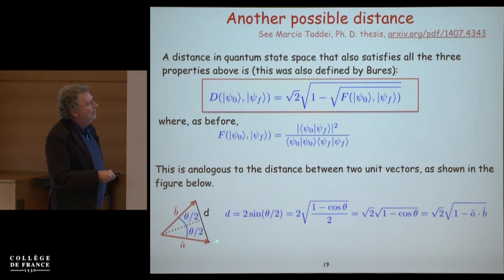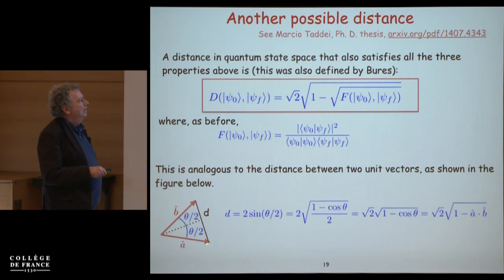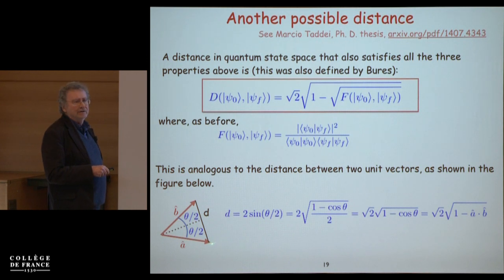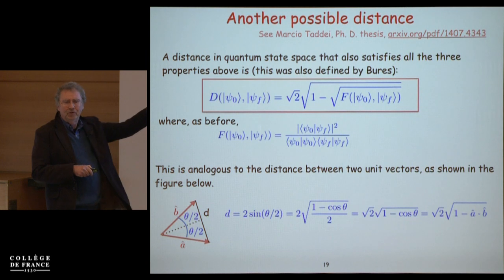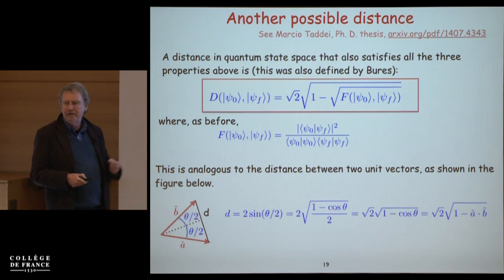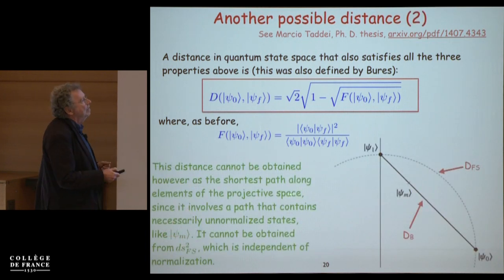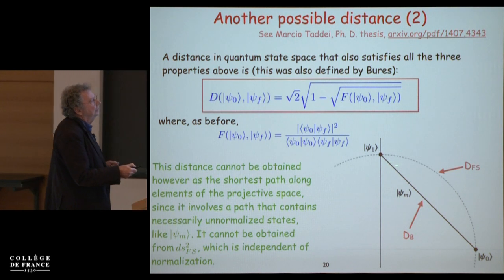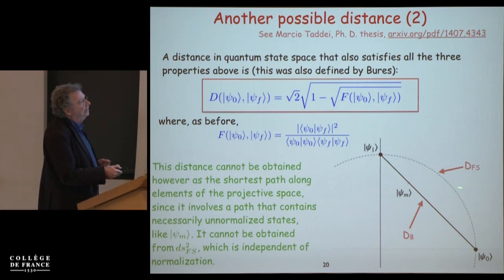But you see, here you can already see the problem. This path here is not along the Bloch sphere. It's interior to the Bloch sphere. And we are dealing here with pure states. Okay? So the path does not belong to the space we are dealing with. And in fact, the Fubini-Study metric corresponds to this dashed line here.